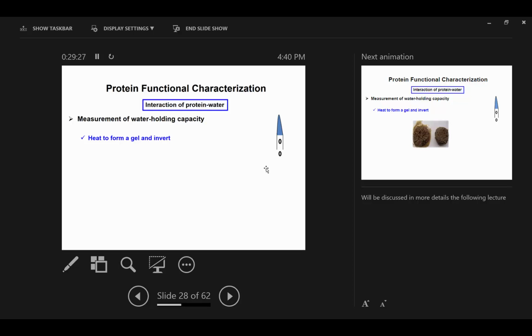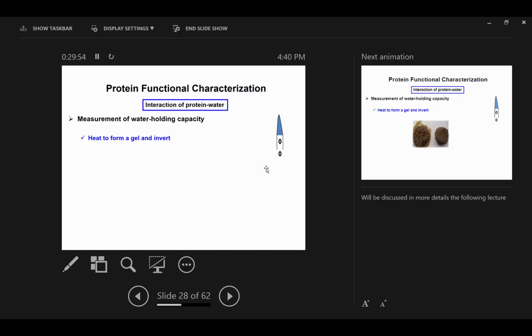Also, it can happen if the protein has sulfhydryl groups. And then a network is formed and water is entrapped. You take that tube, invert, and the water drops might fall out or not. And then you measure the weight of the tube before and after, and then you put it in an equation and determine water holding capacity.